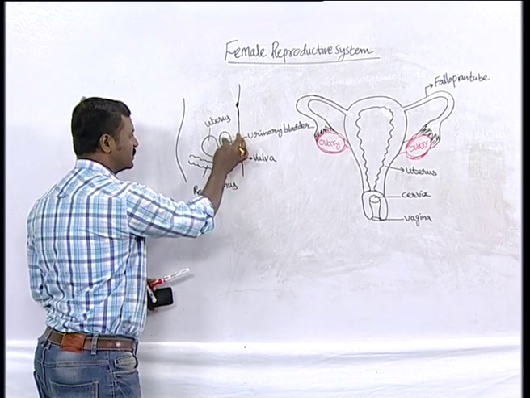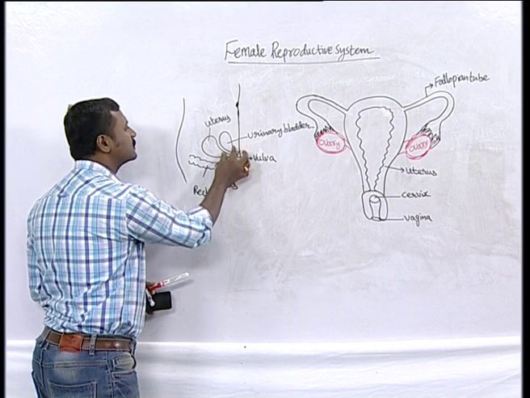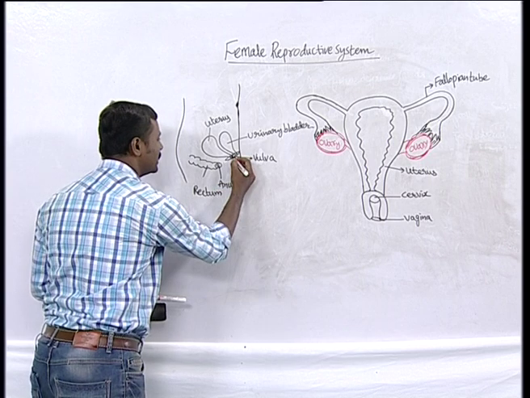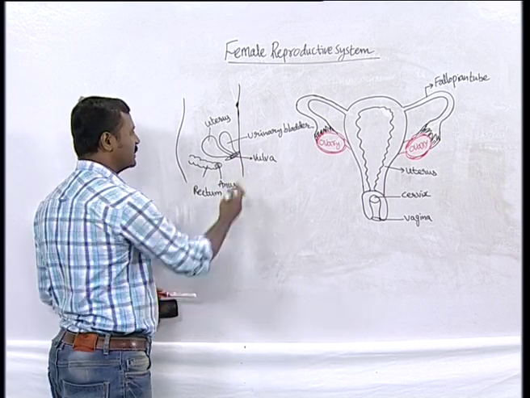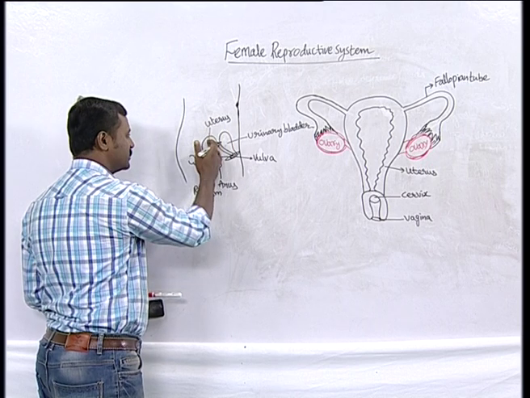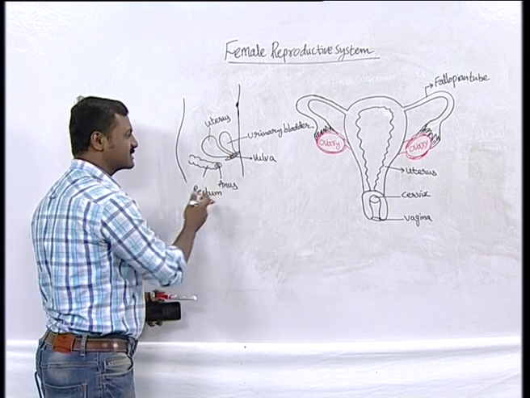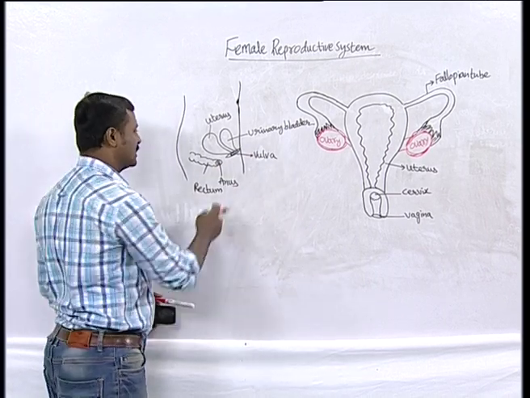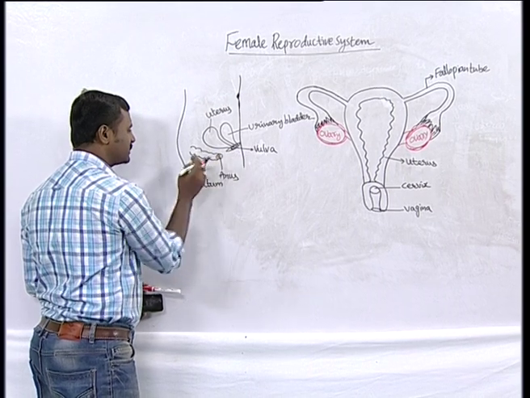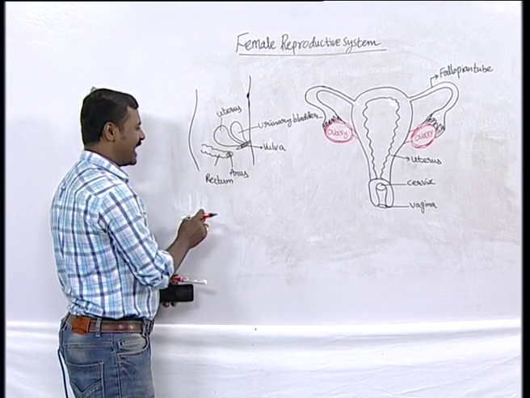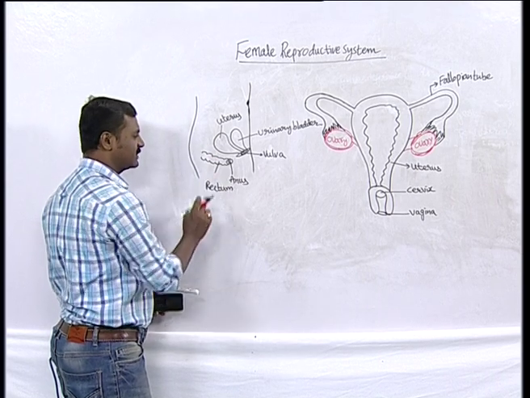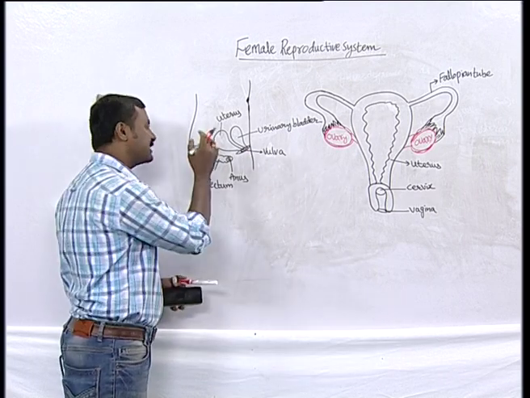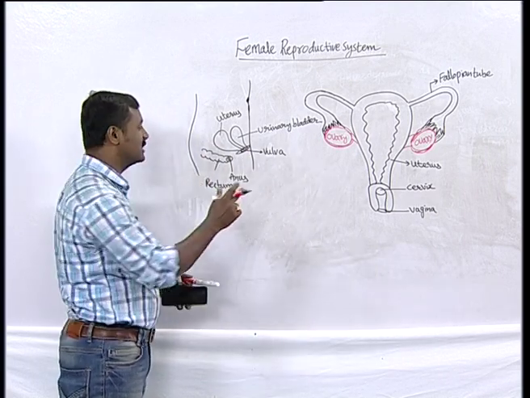In the female, the urinary bladder and uterus both open independently in a slit-like structure called the vulva, which is also called the pudendum. Then just behind that, you can see another hole, that is called the anus, which is the ending of the rectum.